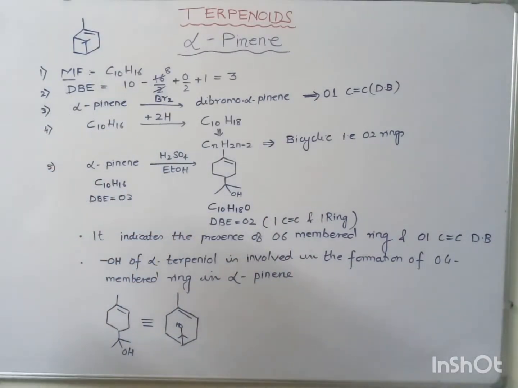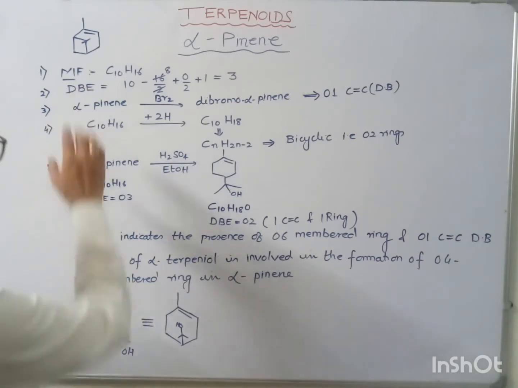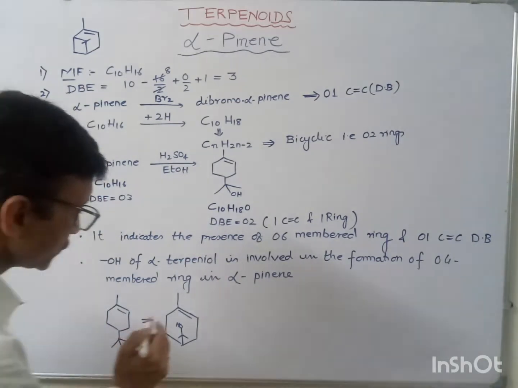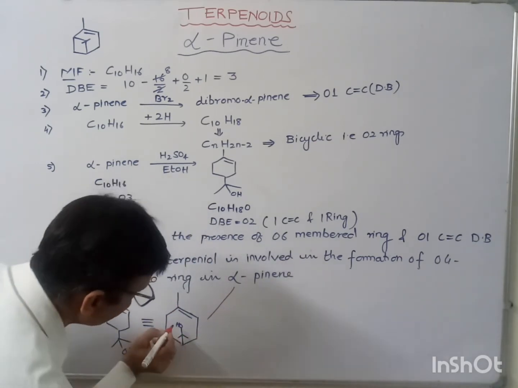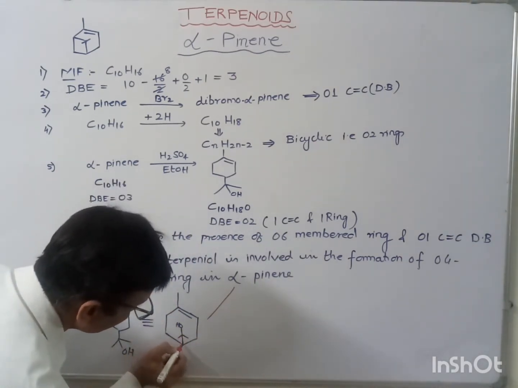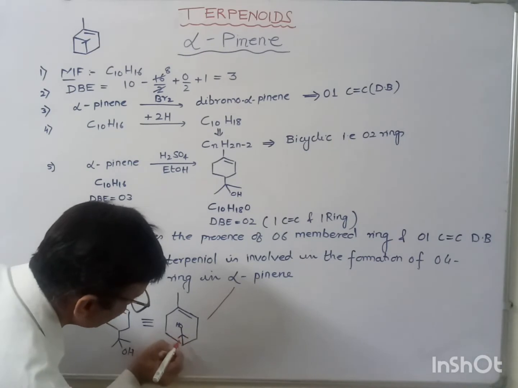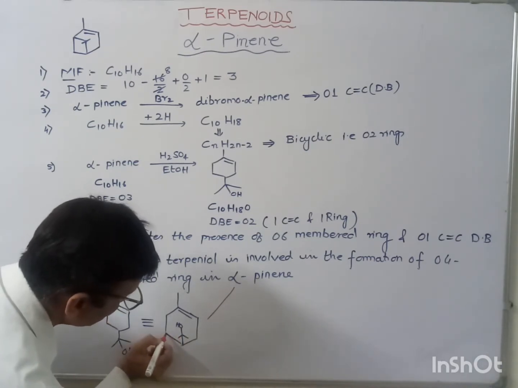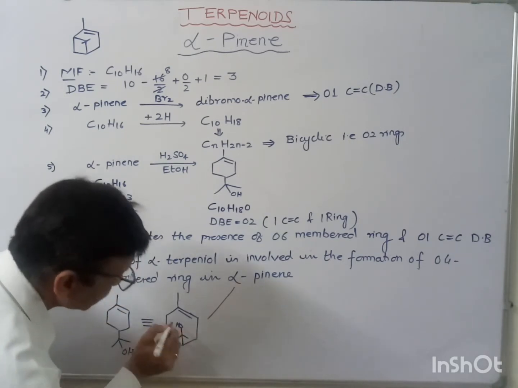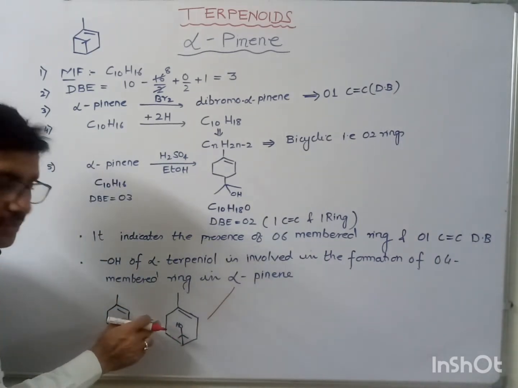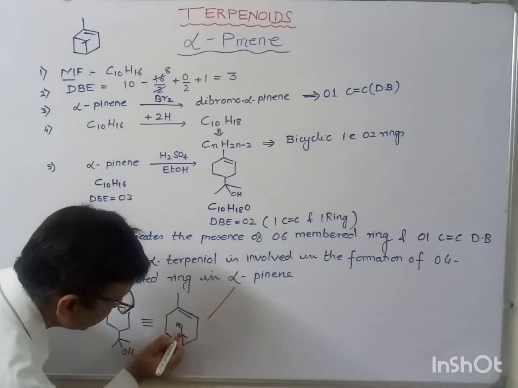So how can it form the 4-membered ring? Either it may be formed in this way. This is 1 and 2, 3, 4. The removal of this OH group will take place, and the 4-membered ring can be formed.